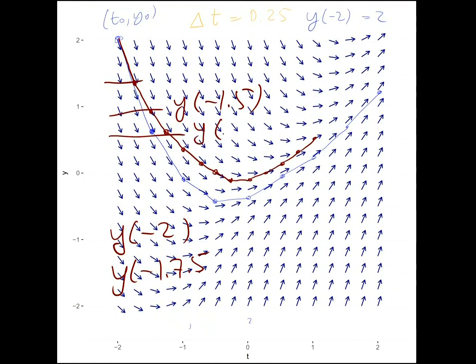This is y of -1.25, and so on, right? So there is a discrete set of points in t at which I'm going to approximately compute my solutions. But the smaller delta t is, the finer the step is, and the better the approximation to the solution is.